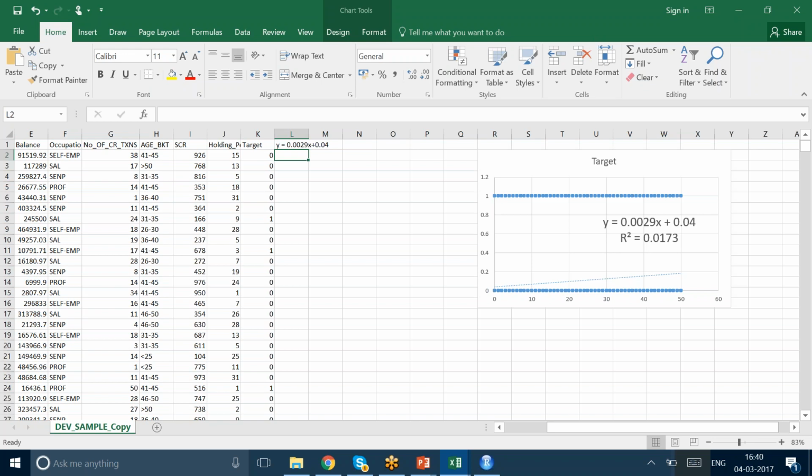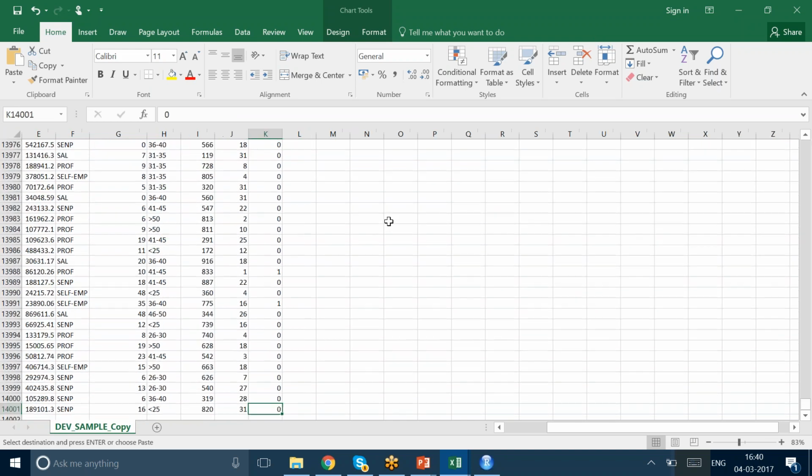Now if I want to predict the y, the target, my prediction would be 0.0029 multiplied by x, which is number of credit transactions, plus the intercept 0.04.